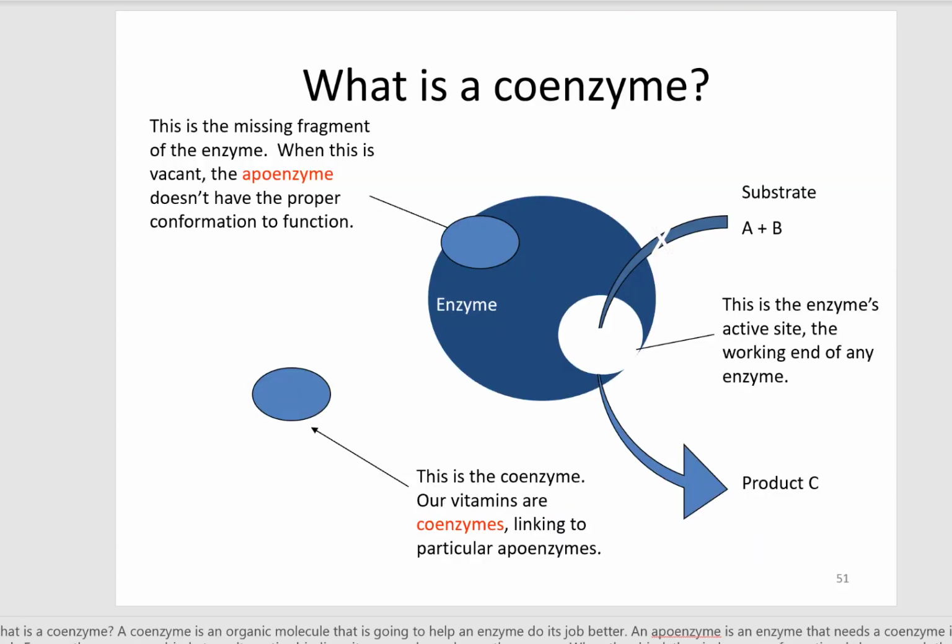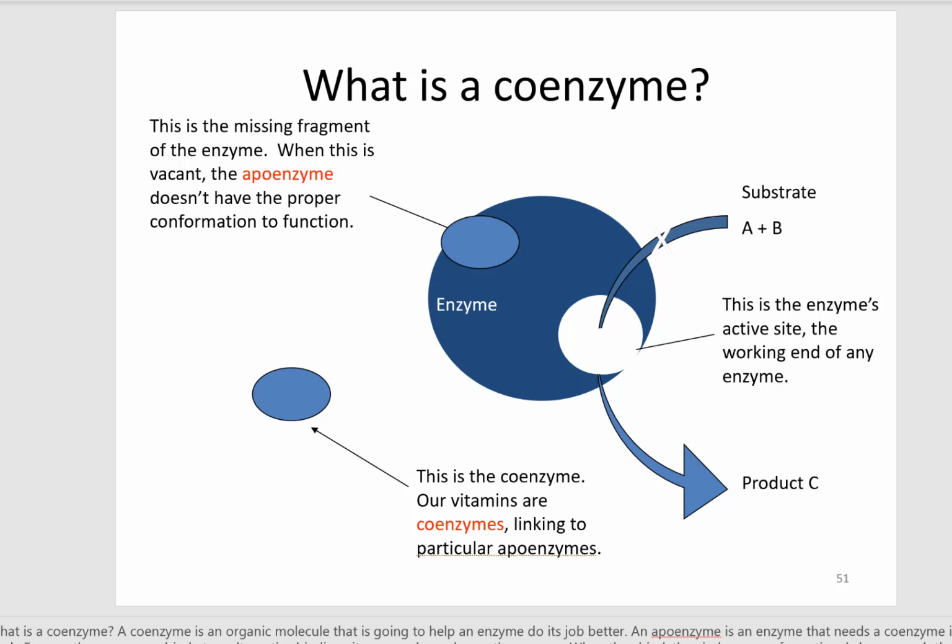Maybe you don't know what a coenzyme is. I said on the previous slide that vitamin B12 and folic acids are coenzymes. What is a coenzyme? A coenzyme is something that will help an enzyme do its job better.